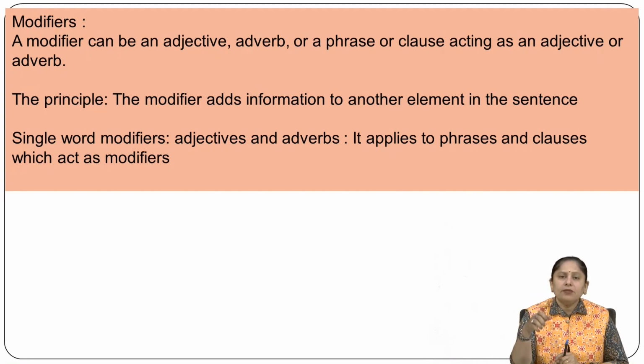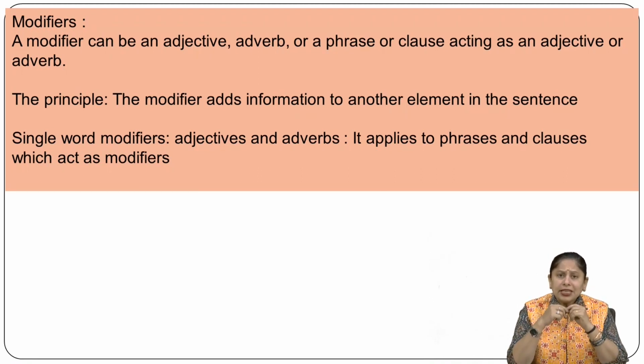Sometimes they tell something more about the verbs. That is why they could be considered the adverbs as well. So clearly you have to understand that modifiers are generally utilized for adding something. They modify something. The definition is written in front of you.